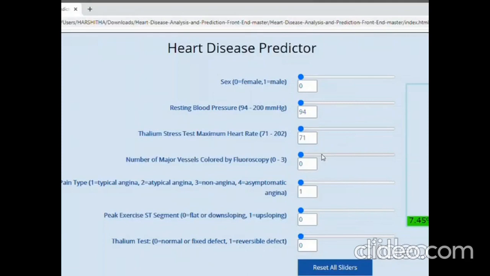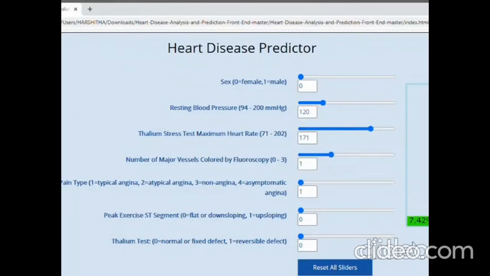If the person has... let's check if the person is female and has a blood pressure of nearly 120, 123, and the thallium rate is 171, and the number of major vessels is, let's take 1, and the chest pain is 1, and the remaining we take as 0.